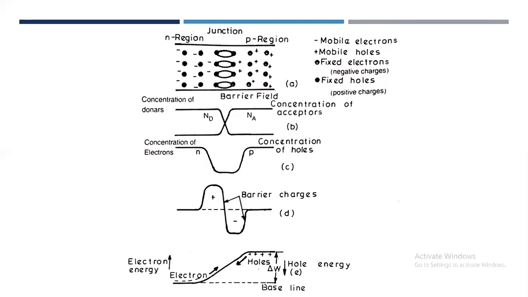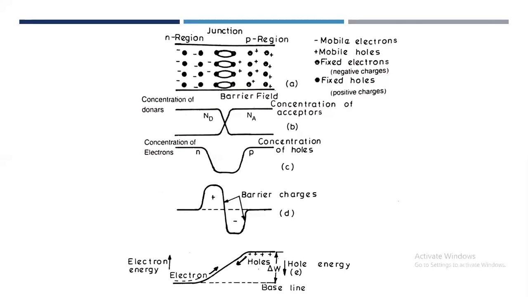You cannot say there are no holes or electrons at all, but the concentration of electrons and holes at the junction is very low. This leaves the immobile ions in the region unneutralized. The positive and negative ions on opposite sides of the junction are uncovered and produce an electric field across the junction.